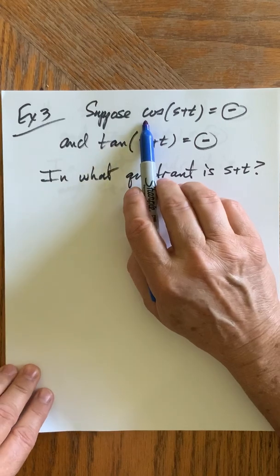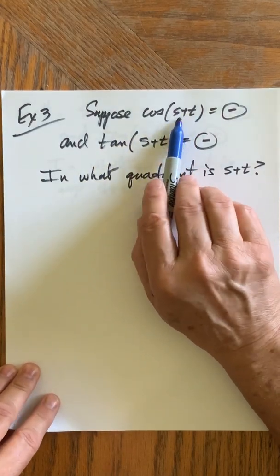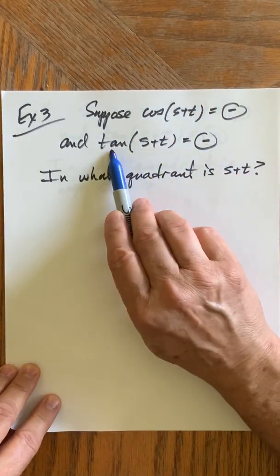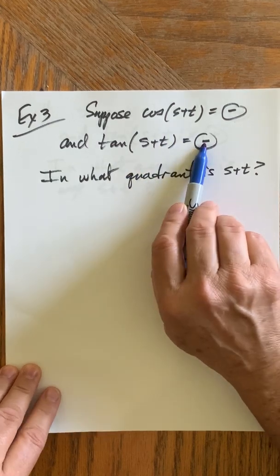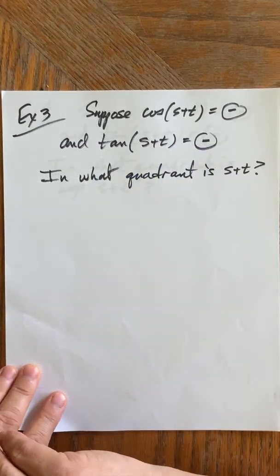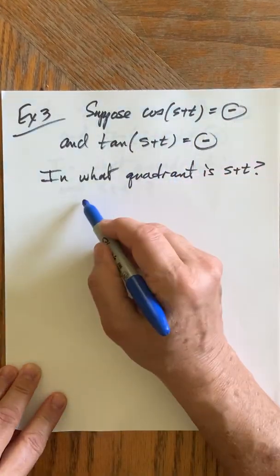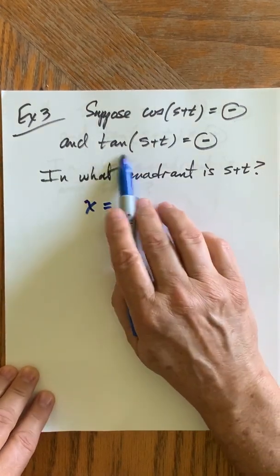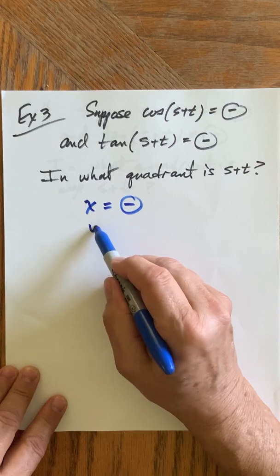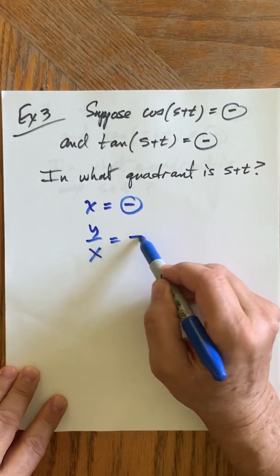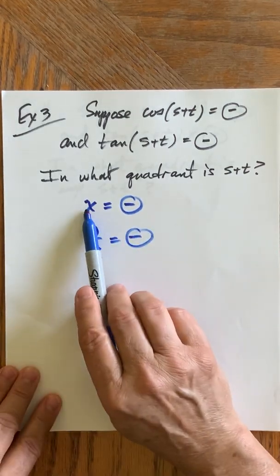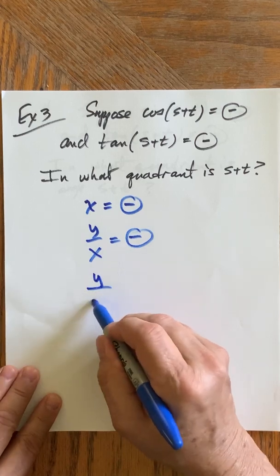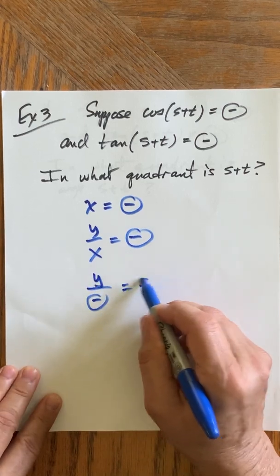Suppose I have the cosine of the sum of two angles S plus T is negative, and the tangent of the sum is negative. What quadrant is that sum going to be in? Cosine is negative, that means the x coordinate is negative. And the tangent, the ratio y over x, is negative. So I can put in negative for x.